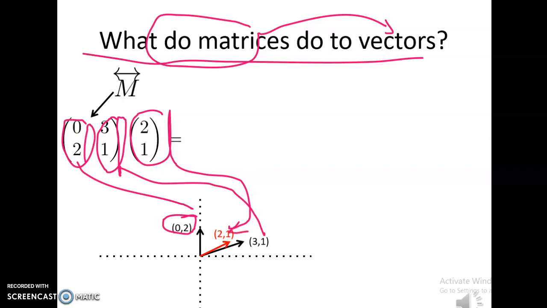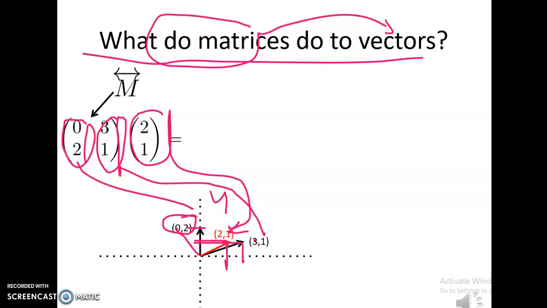So 0, 2, and 3, 1, like this, with 2 x, y, 1.